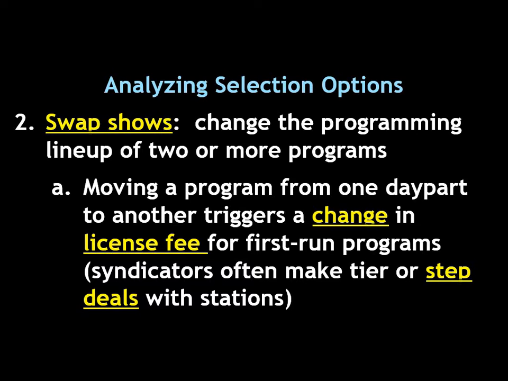So it would basically be that the syndicator would charge a television station a certain price for a program that airs within a certain day part or a certain time slot. So if the station were to make a change as to what time that show was to air, it could trigger a change in how much the station has to pay per episode to the syndicator.